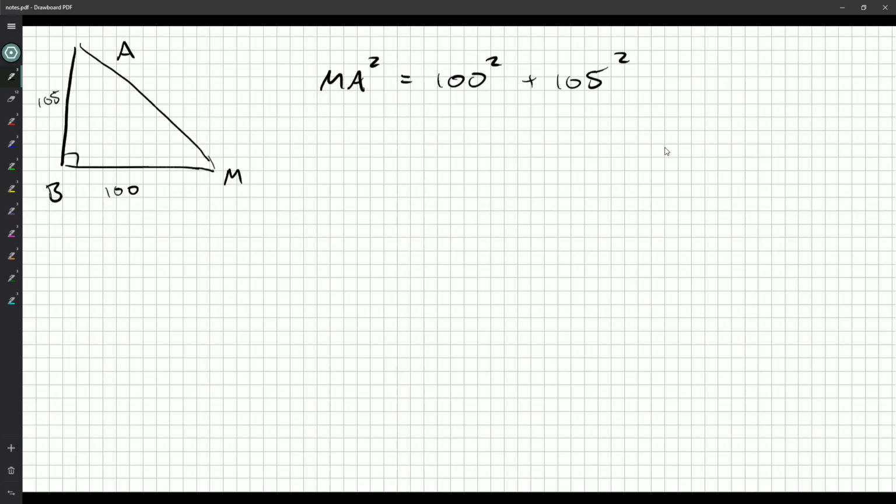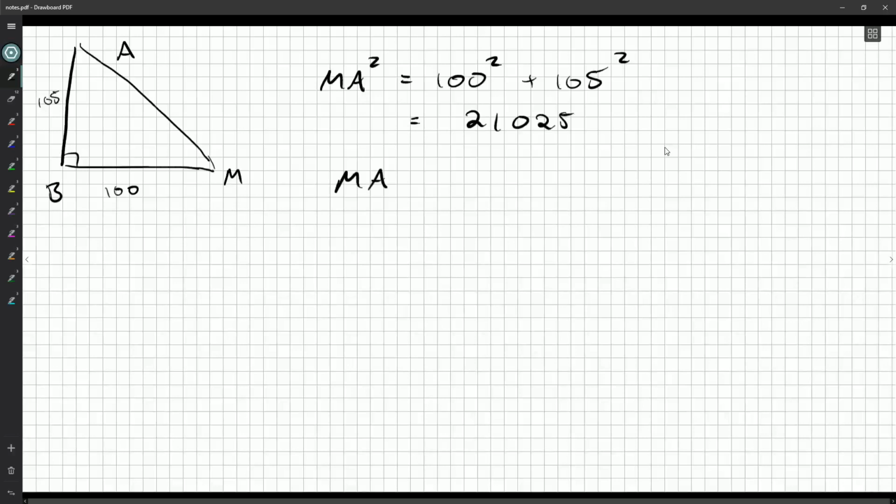But it should be 29 times 20, I believe. 100 squared plus 105 squared is, sorry, 21025. And so MA is going to be the square root of that. 145. Oh, not 29 times 20. This is 29 times 5, I think.